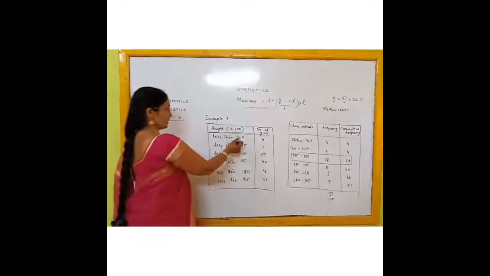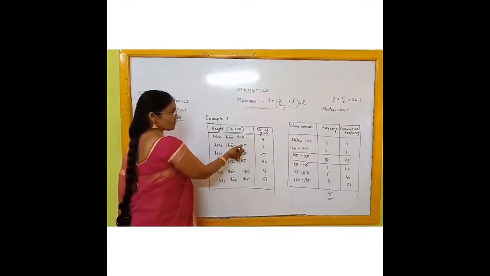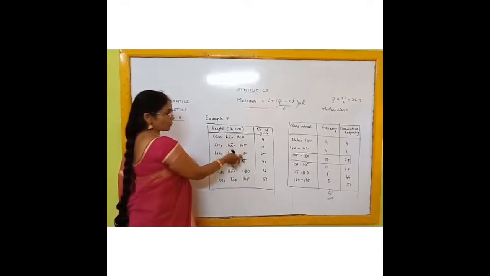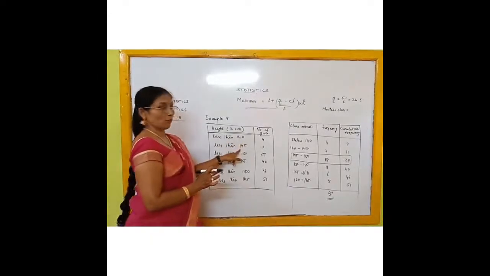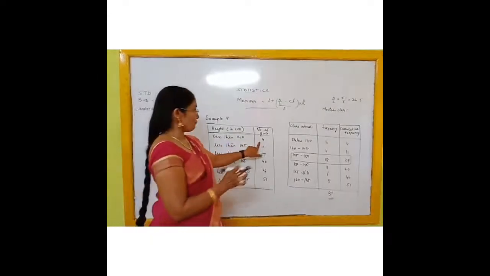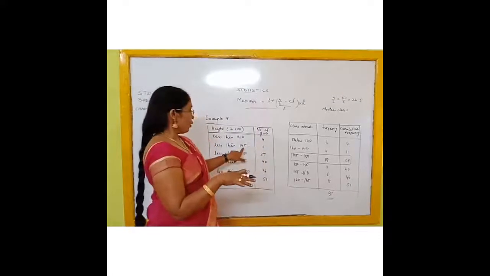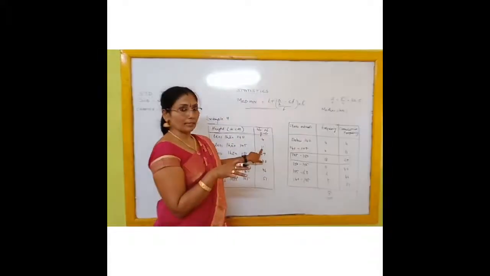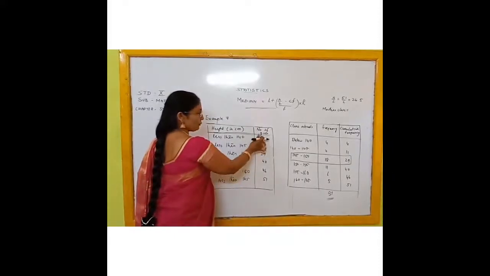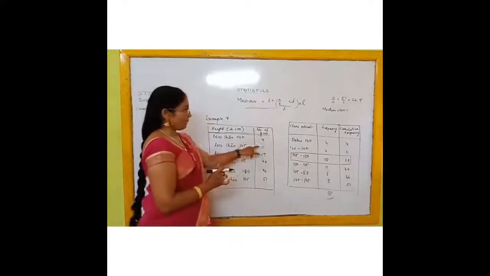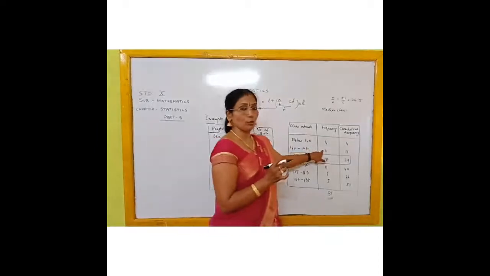Now next class. Here you know that these all are the upper limits of the classes. That means the next class will be 140 to 145. That means below 140, 4 students are there. Below 145, 11 students are there. So for 140 to 145, how many students will be there? You have to subtract this one. So 11 minus 4 is equal to 7.